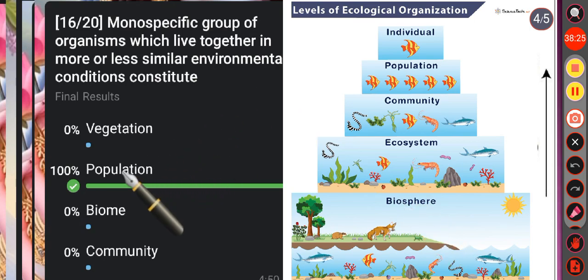So here the correct answer is option B, that is population. Population means the monospecific group of organisms. Here is another term, that is biome. What is biome? Biome is a distinct geographical region with a specific climate, vegetation or animal life that constitutes a biome. For example, rainforest, desert, savanna, grassland, etc.